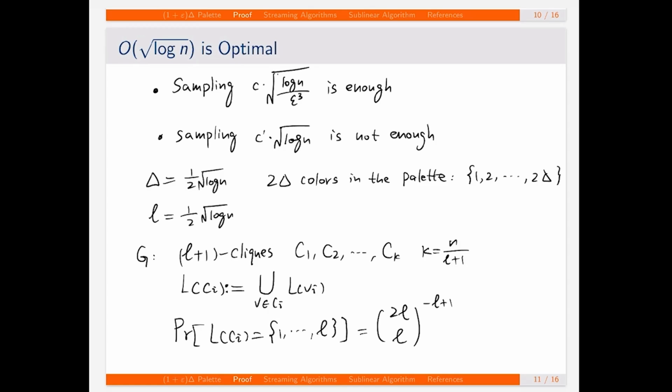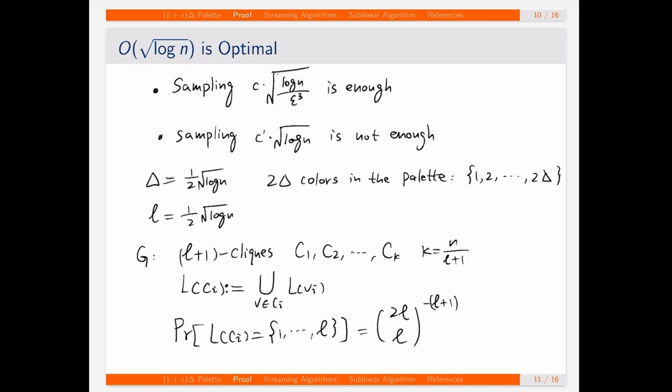Okay, this is because we are choosing L colors from the palette of size 2 delta equals 2L. And we are doing it for all the L plus 1 vertices of the clique. Since the choice of colors across different vertices in the clique is independent, we have this equality.